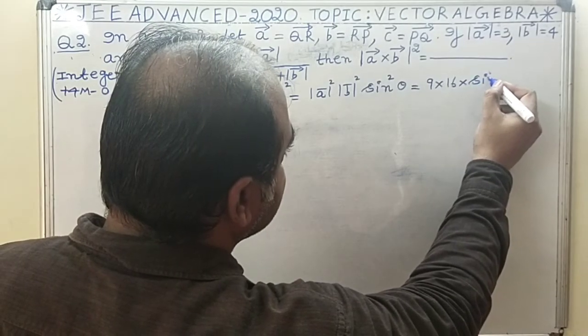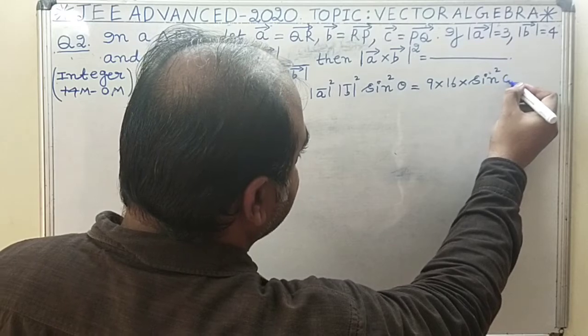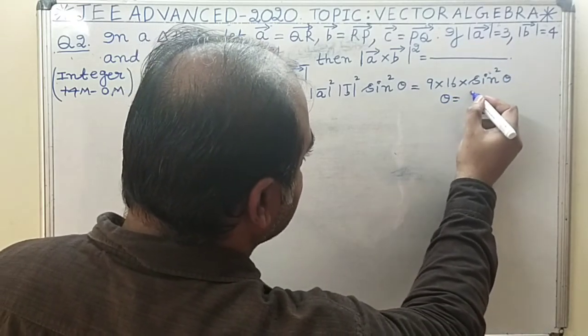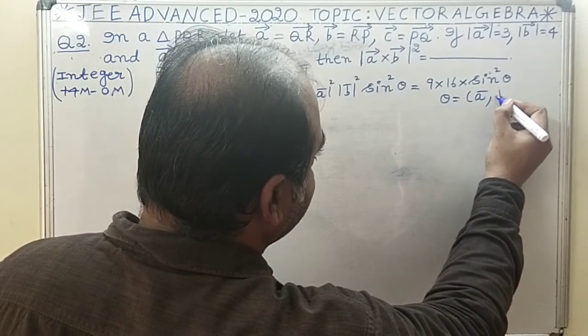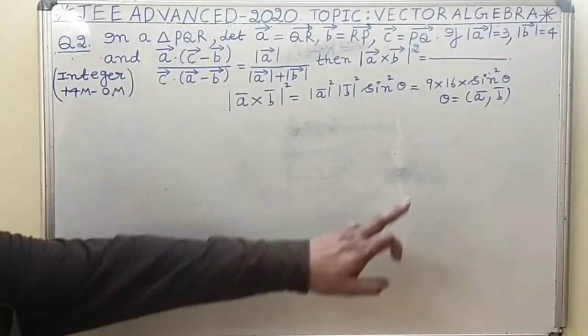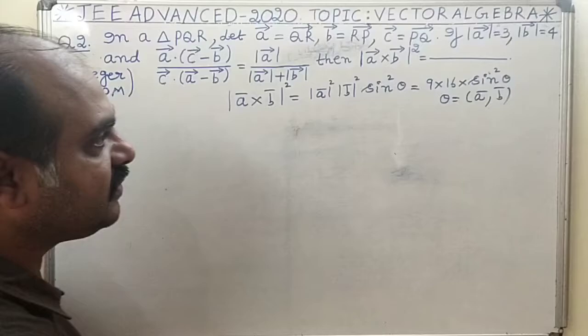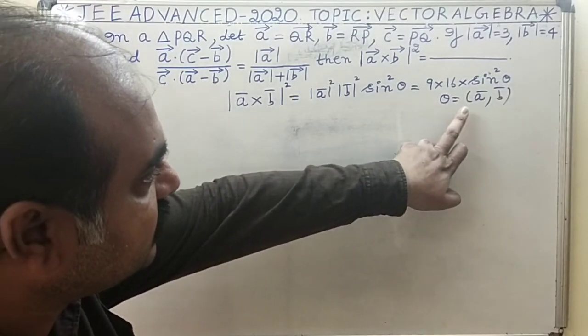That means what you need is the angle between A bar and B bar. Theta is nothing but the angle between A bar, B bar. That bracket means the angle between A bar and B bar. So from the given information, what you have to calculate is theta. Right? So this is required.